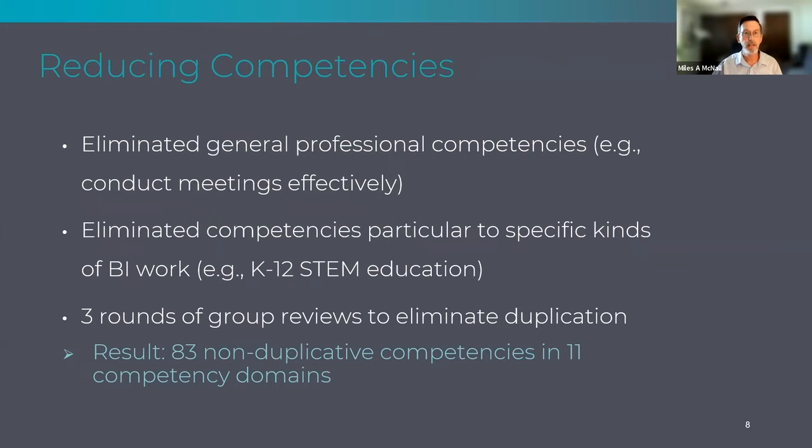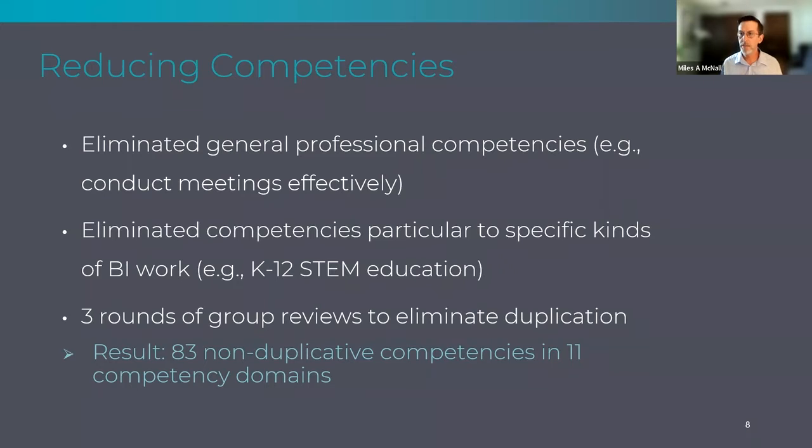And so the next task was really to collapse those into a more manageable set. And we tried to aim for something sort of in the middle. So things that were not so general that they would be competencies that any professional should possess, like the ability to conduct meetings effectively. So we got rid of those.